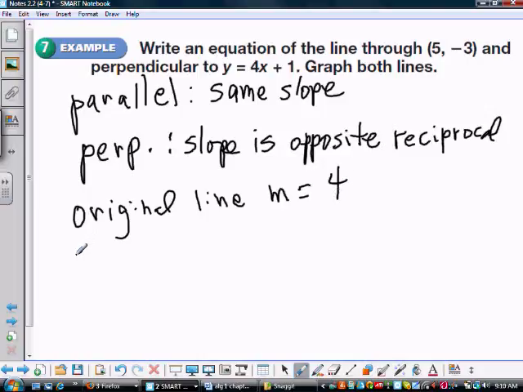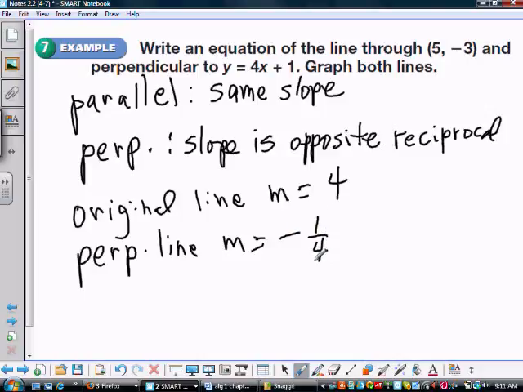Okay. The perpendicular line, the opposite. So the original slope was positive, now it goes negative. And the reciprocal. The reciprocal of 4, or 4 over 1, is 1 over 4.